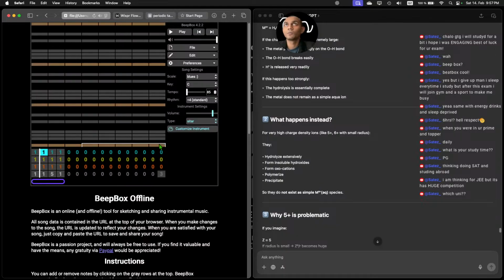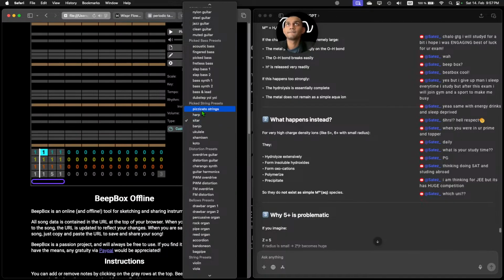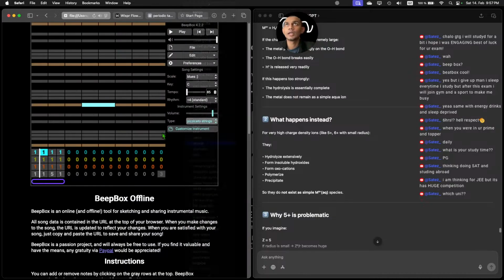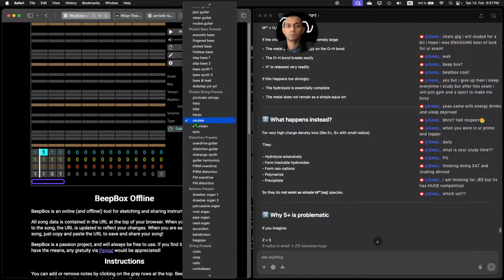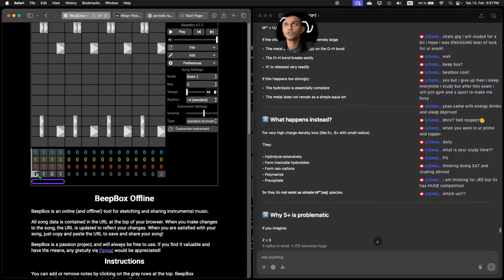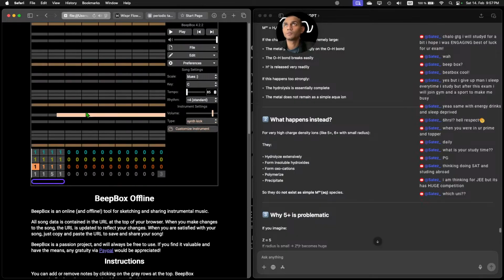Make it small, bro. What's this one? Sitar, nah. Bagpipe, accordion, rock organ, ukulele. Too nice. I think I should only play with drums. What's this one? Okay, that too.